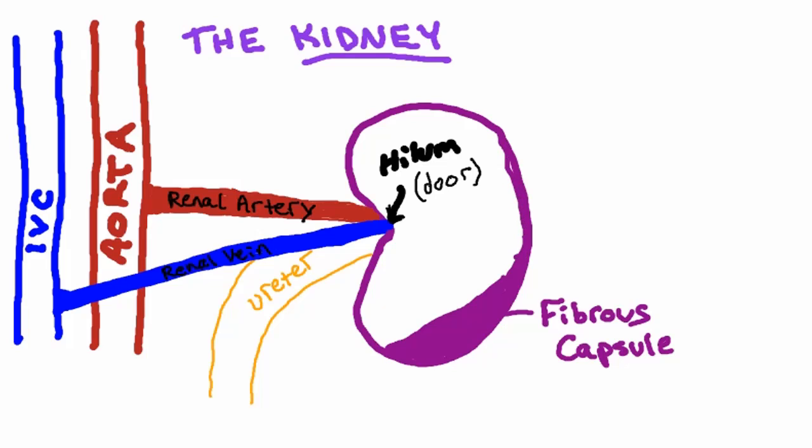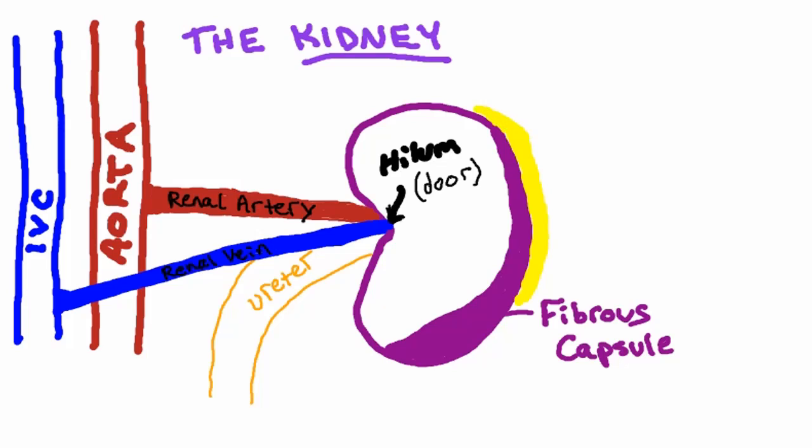Now, on top of what we consider to be the kidney, in what you see in models, it is surrounded by a layer of fat, because the kidney is not in the same area in the abdomen as the other organs, like the stomach.